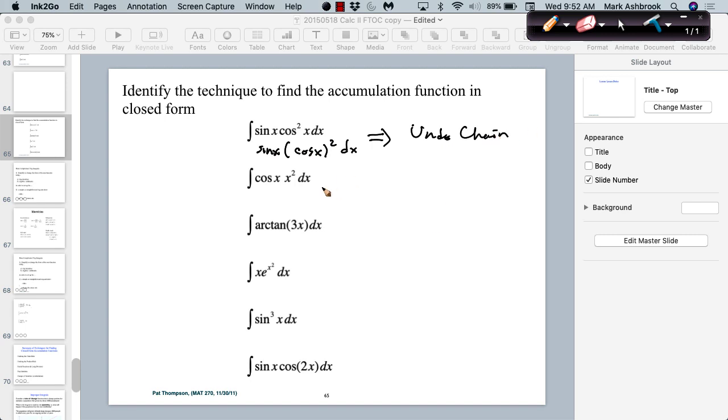Okay? This one, cosine x times x squared. That's one of our common forms of undoing product. How many times will we have to do it? Yeah, there'll be 2 iterations of undoing product rule in there, okay? Arctangent 3x.